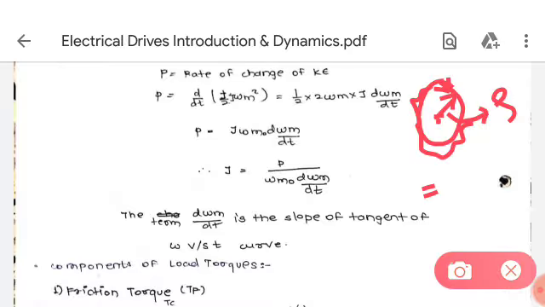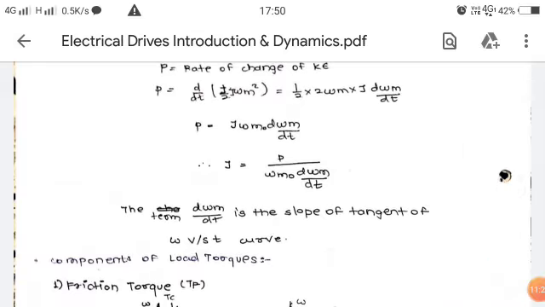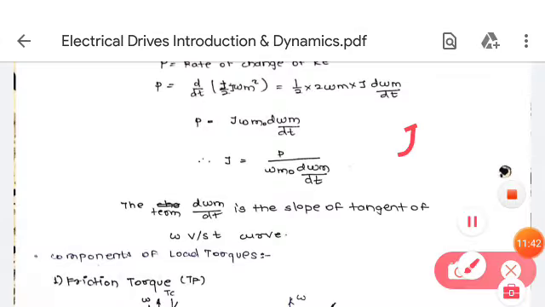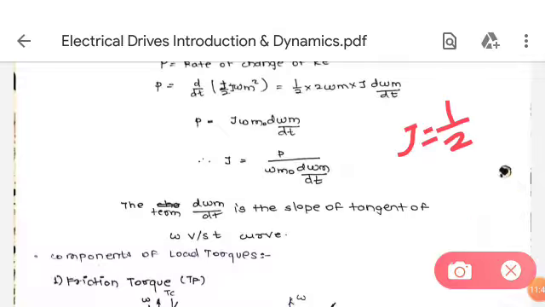So inertia of the disk is half rho square m, where rho is a radius of gyration, m is mass of the disk.